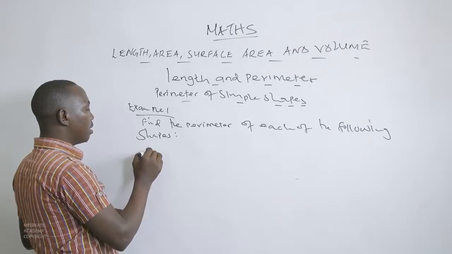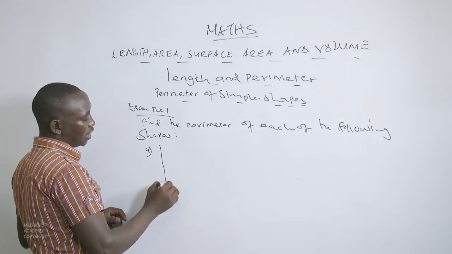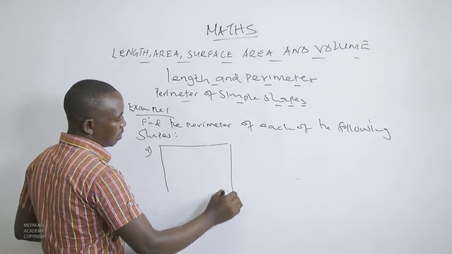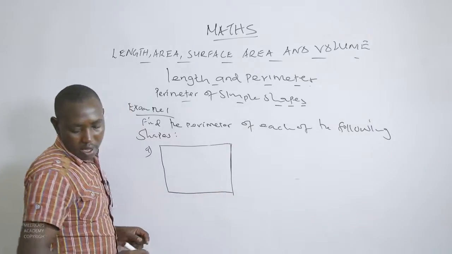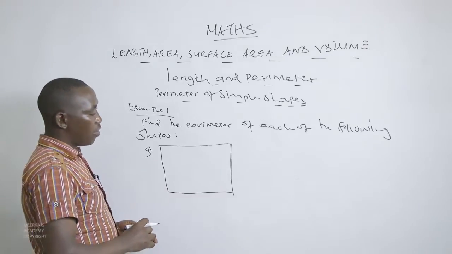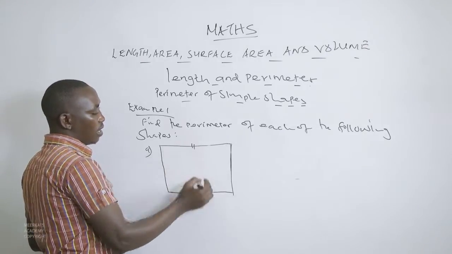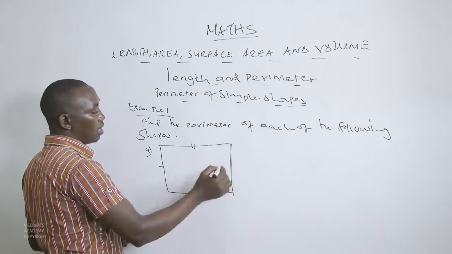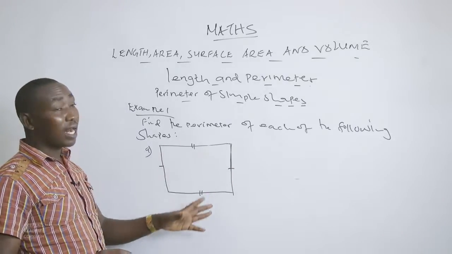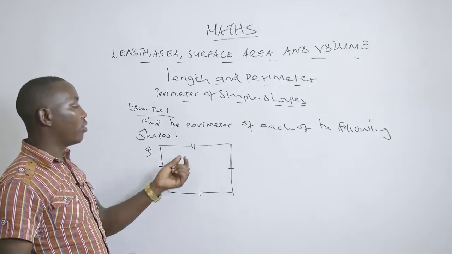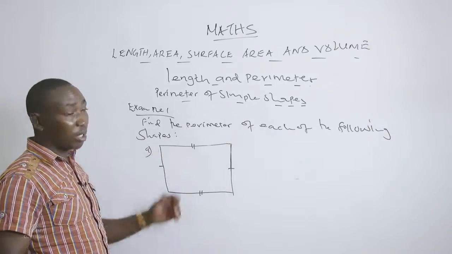Part A, we have a shape in the form of a rectangle where this side is equal to that side, and this side is equal to that side. If you have more than one side that are equal, we use special marks.